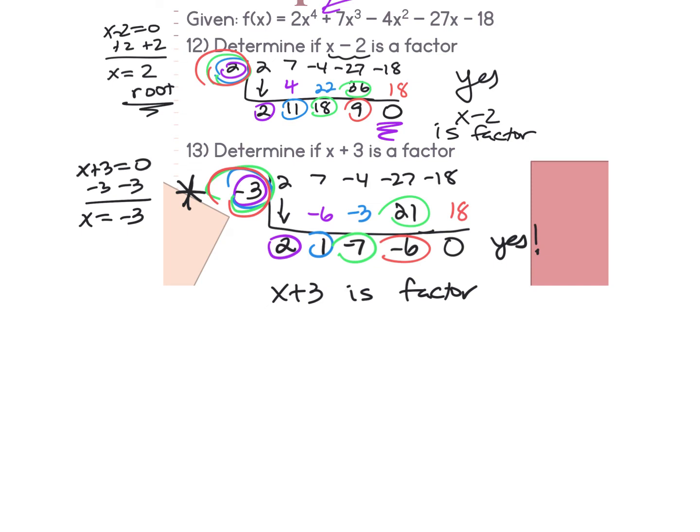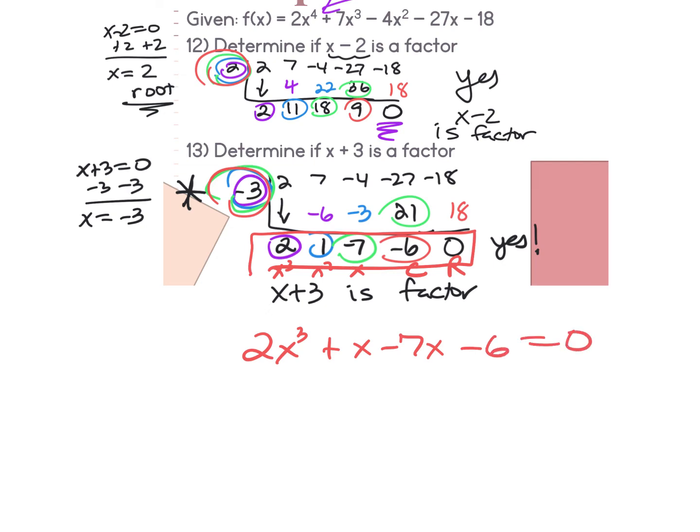Now what I can do is take this bottom row and do another synthetic division problem. Because what this now turns into, if you think about it, is the constant, x, x squared, x cubed. So now it's 2x cubed plus x squared minus 7x minus 6 equals 0. So what I can do now is, I still can't factor this.